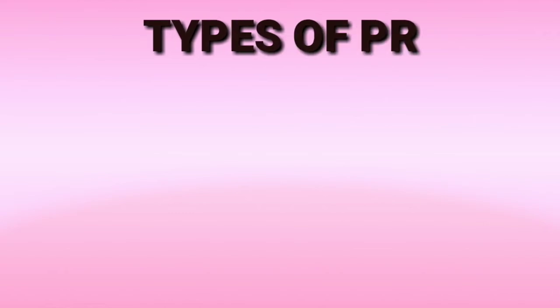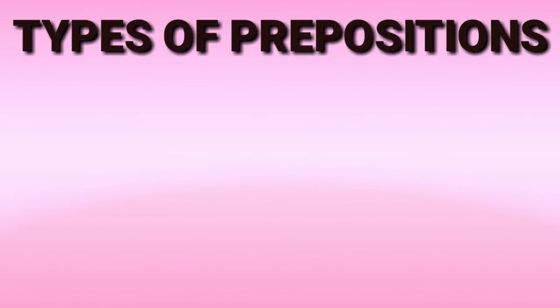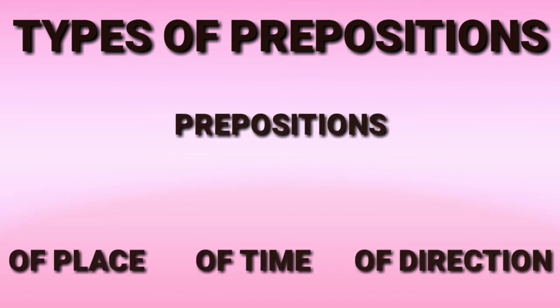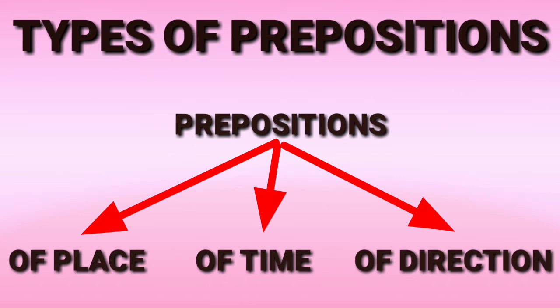Now let us see the types of prepositions. The first one is prepositions of place, the next is prepositions of time, and the last one is prepositions of direction. Now let us see in detail.